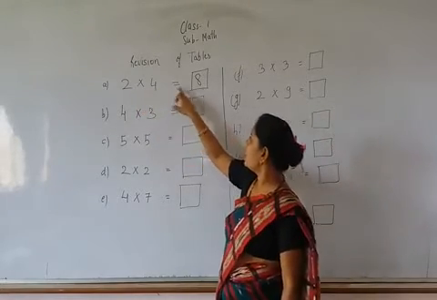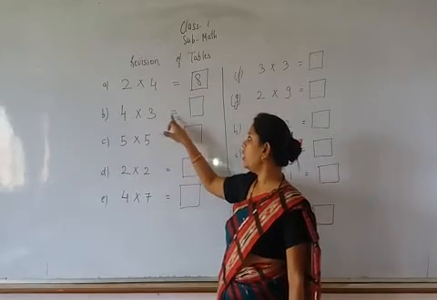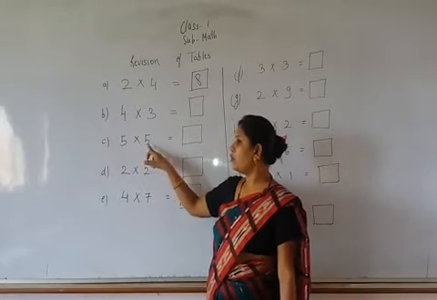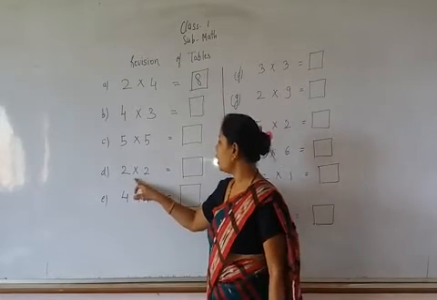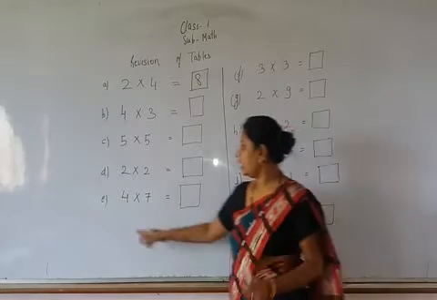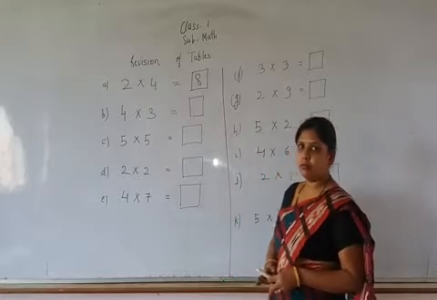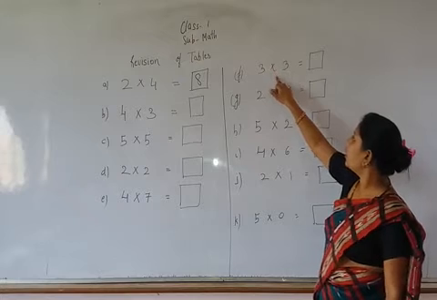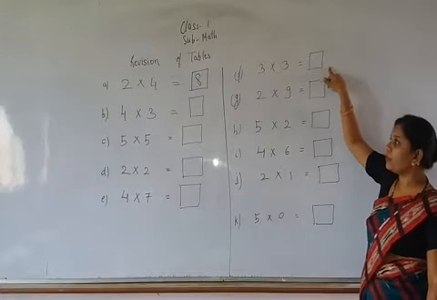2 into 4 is equal to dash. B. 4 into 3 is equal to dash. C. 5 into 5 is equal to dash. D. 2 into 2 is equal to dash. E. 4 into 7 is equal to dash. Next, 3 into 3 is equal to dash.